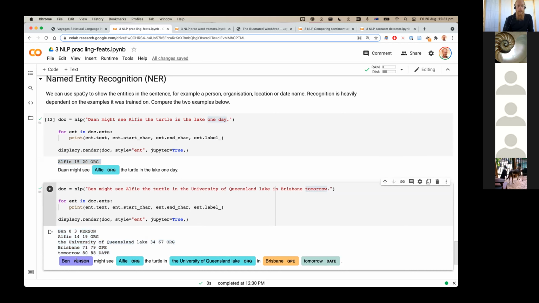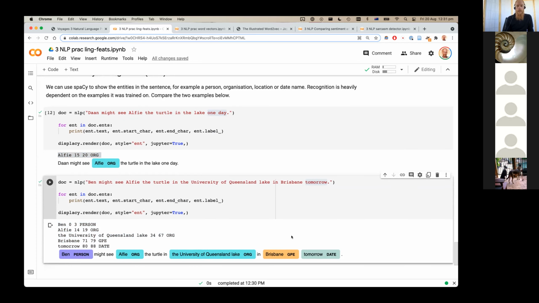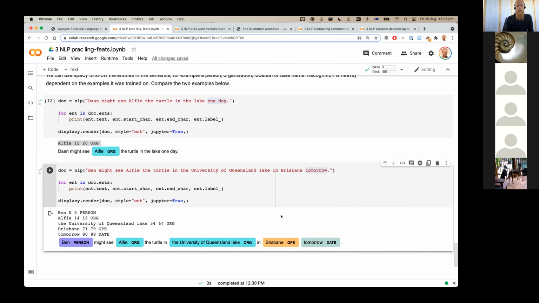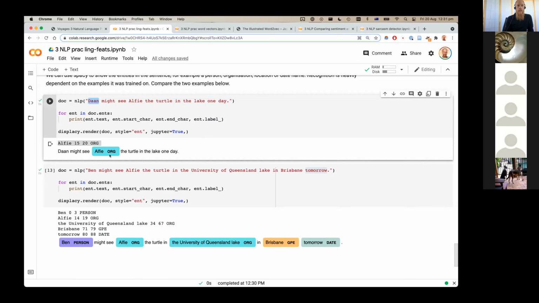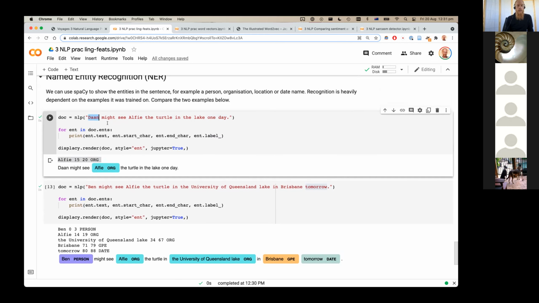Ben has been identified as a person. Alfie has again been identified as an organisation. The University of Queensland Lake, and the lake itself has been grouped into that organisation, which is kind of interesting. Brisbane has been identified as a geographical position, and tomorrow has been picked up as a date. So this suggests that the name Dan didn't feature in the training data for this web small model.